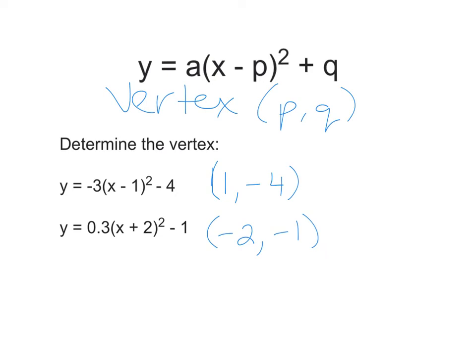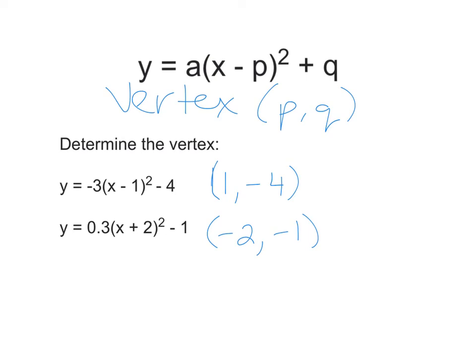So the second one, the vertex is at -2, -1. We can tell some other stuff about the graph too. The first one, is it going to open up or down? Down, because it has a negative in front. The second one's going to open up. The first one, will it be wide or narrow compared to y equals x squared? Narrow, and the second one will be wide.